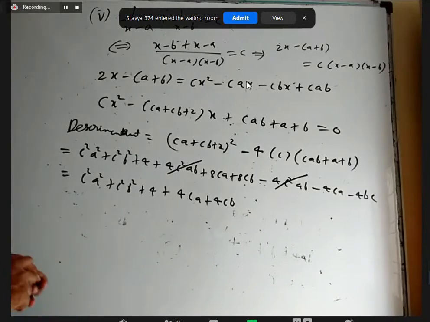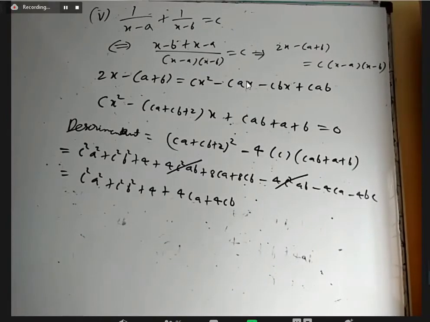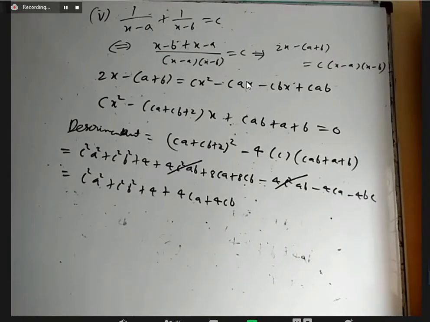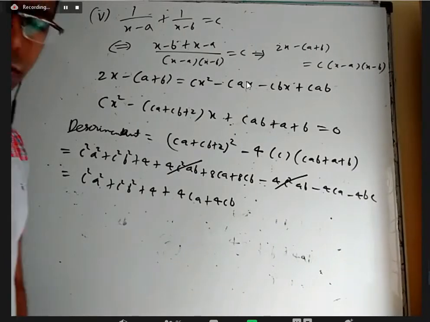Okay, what to do with this now? Yes, please. Have I written anything wrong? Just 1 minute. I'm getting very low voice. I don't know why. Yeah, now I'm good.